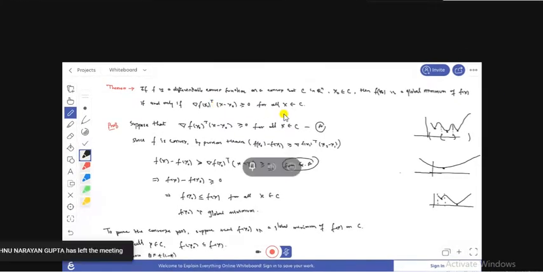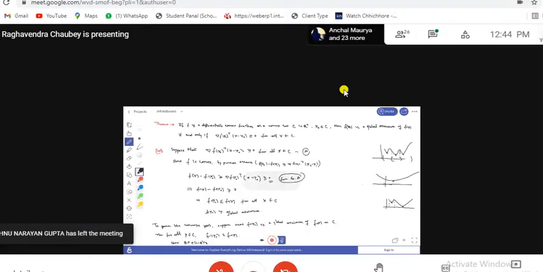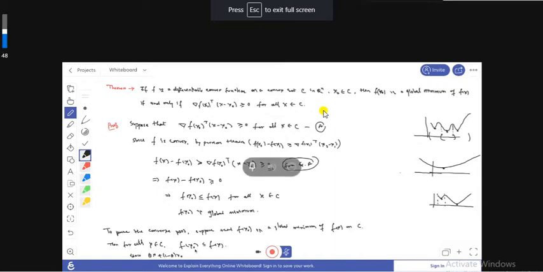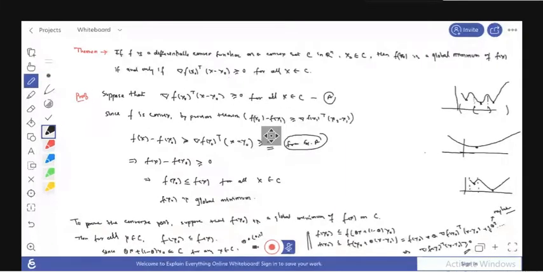And 1 minus theta of this x and x. In a convex function, the local minima is also the global minima.